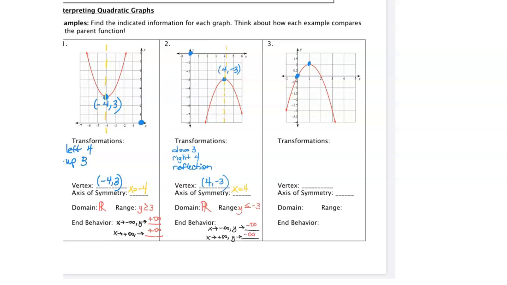So those are right 1, up 1. Okay. Also noting that this parabola is opening downward, this means that we have a reflection.